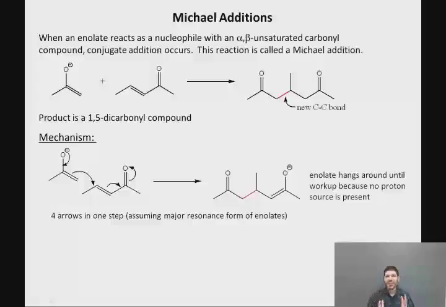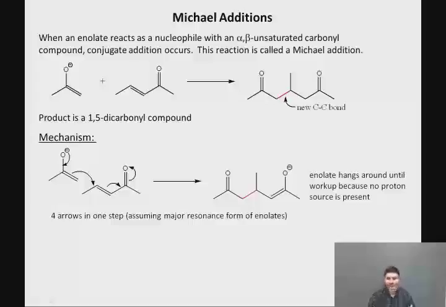Okay, so as I already alluded to, the product of this step is an enolate. So it is no more or less stable than the starting material for this step is.